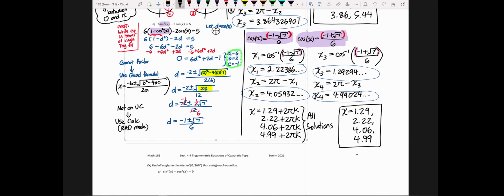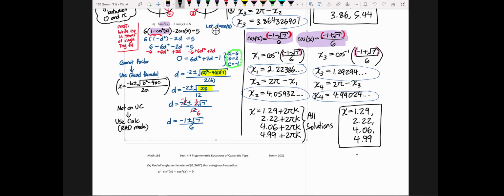So when we take inverse cosine to get x1 and x3, we only get the answers that are between 0 and pi. That is the restriction for inverse cosine. To get the other solutions in quad 3 and 4, we have to use the symmetry for cosine. So for cosine, we do 2 pi minus inverse cosine to get the other solution. And then for sine, we would do just pi minus the first solution to get the second.